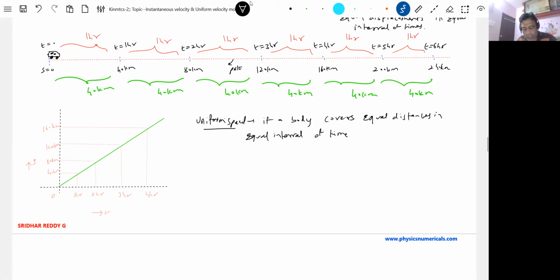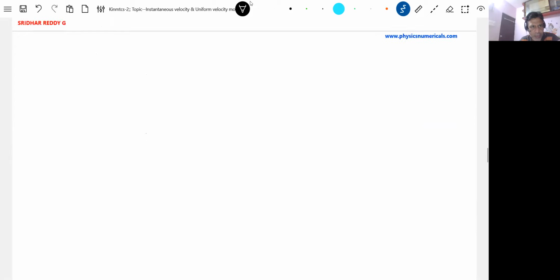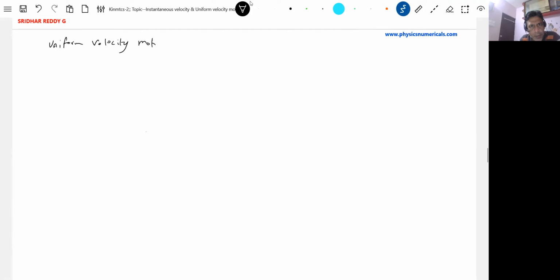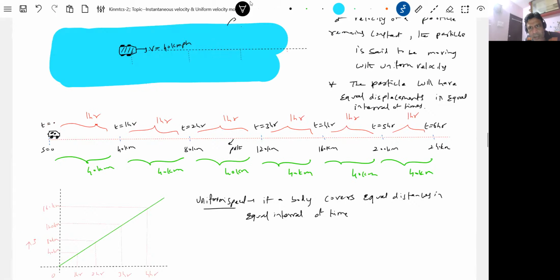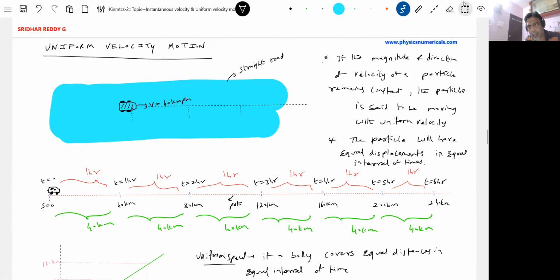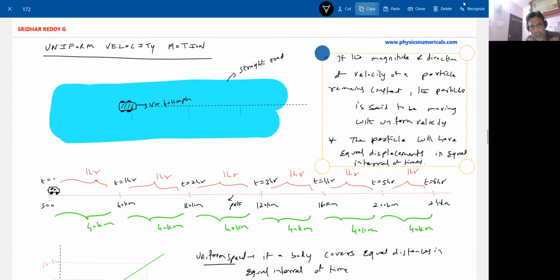So let's come to this one. We have uniform velocity. Let's get into what will happen to average velocity and instant velocity. In uniform velocity motion, some features, once again, let me summarize all at a stretch.